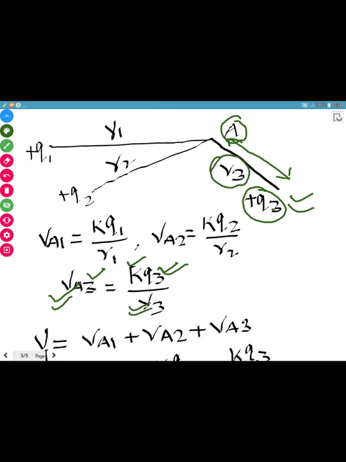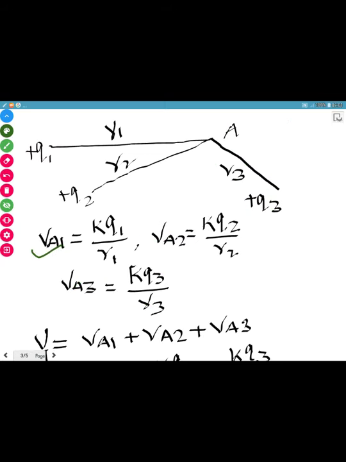These are the potentials due to individual charges, and the total potential must be equal to the algebraic sum of these. This is the statement of the superposition principle.